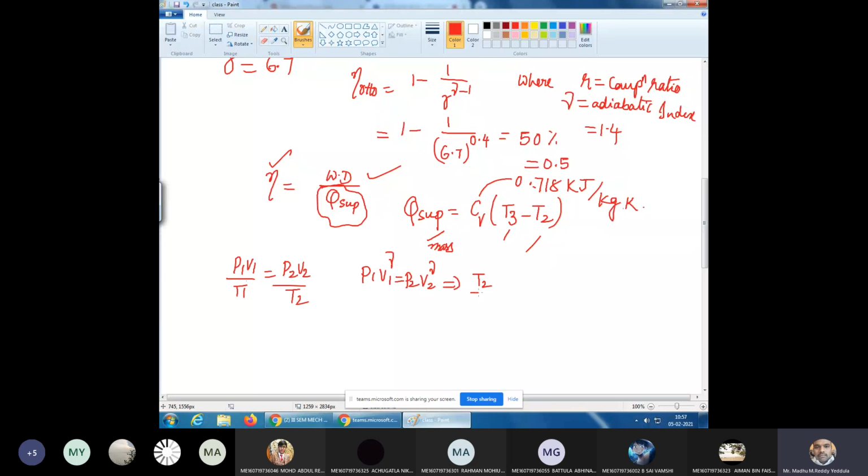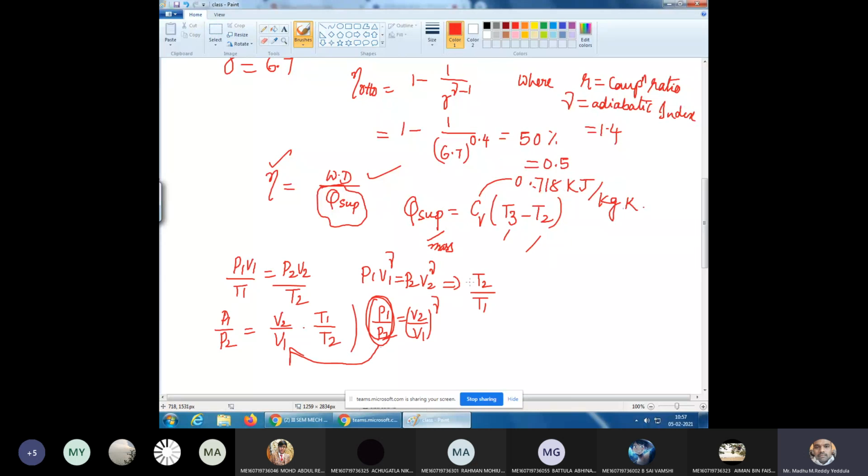If you solve these two equations, I want to eliminate the pressure with respect to volume. So P1 by P2 is equal to V2 by V1 into T1 by T2. From the other, P1 by P2 is equal to V2 by V1 whole power gamma.